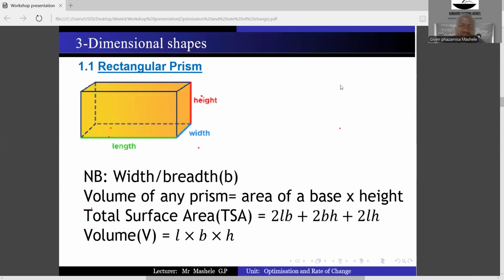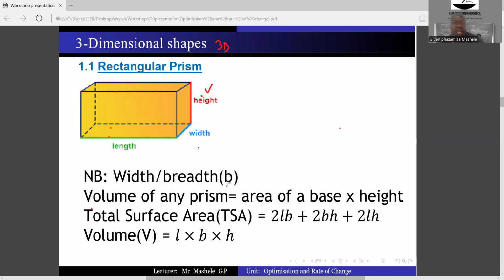All right. Then the first one under the 3-dimensional shapes. Most 3-dimensional shapes have 3 dimensions, particularly the ones that have height. So these are regarded as 3-dimensional shapes.